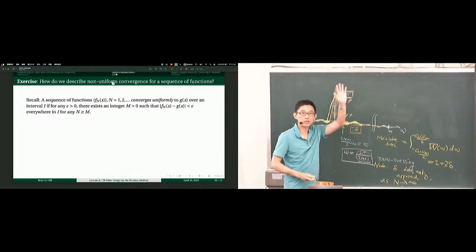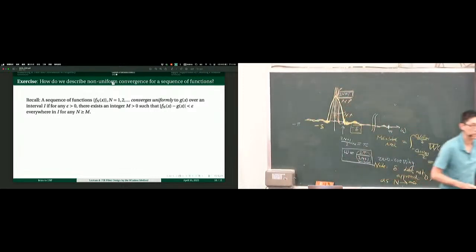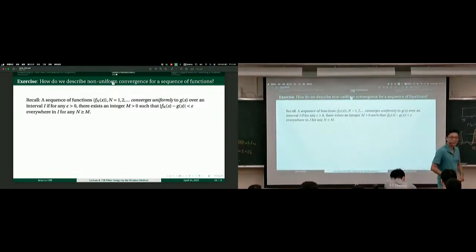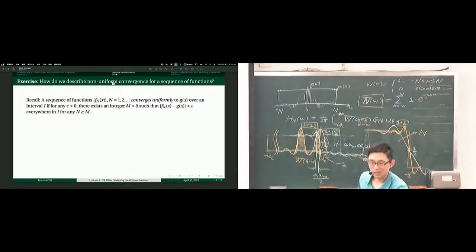So, 胡定芳试试看啊？还是你要问问题，还是要回答？好啊，请说啊。x 属于 I. Okay, so you mean we change the word everywhere.